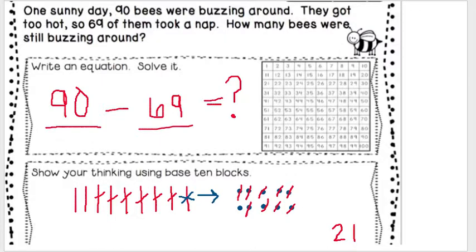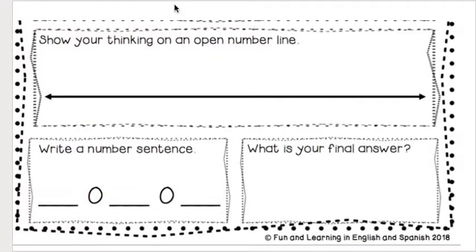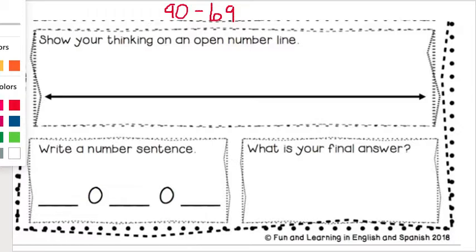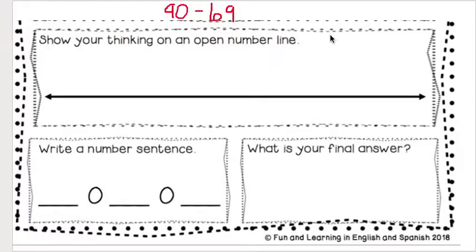Let's see if we can get that with our number line. So as always, I'm going to put our problem up here so we can remember. You will still need a color for your tens and a color for your ones. So I'm going to put a T in purple because I'm going to use that for my tens today.